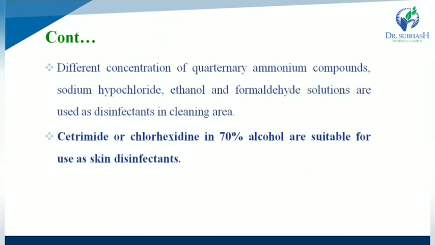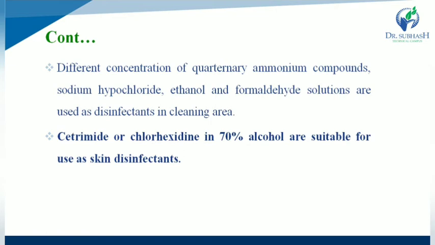Different concentrations of quaternary ammonium compounds, sodium hypochlorite, ethanol and formaldehyde solutions are used as disinfectants in a cleaning area, and cetrimide or chlorhexidine in 70% alcohol are suitable for use as skin disinfectant.